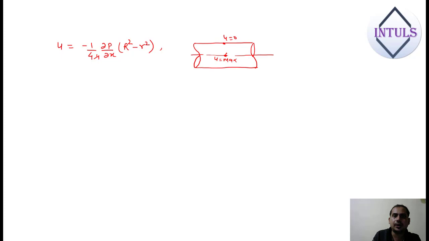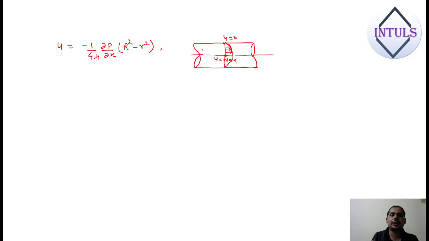So from here to here velocity decreases gradually, and if you draw the velocity profile, it will look like this. Here the velocity is maximum and velocity continuously decreases, and it will eventually become 0 at the wall of the pipe.